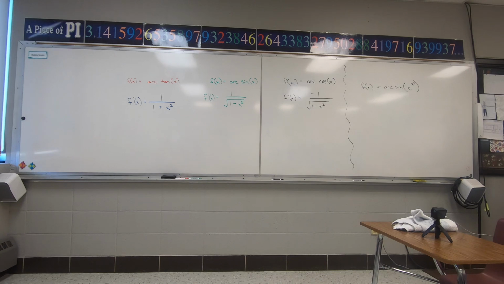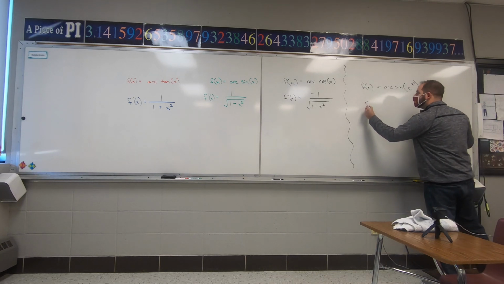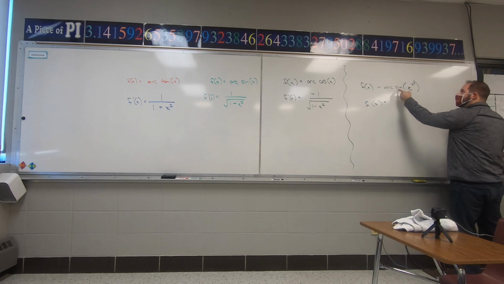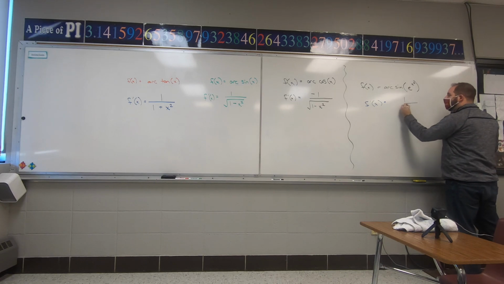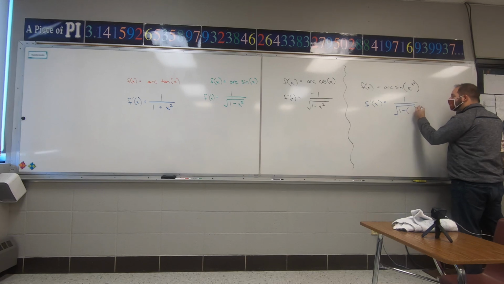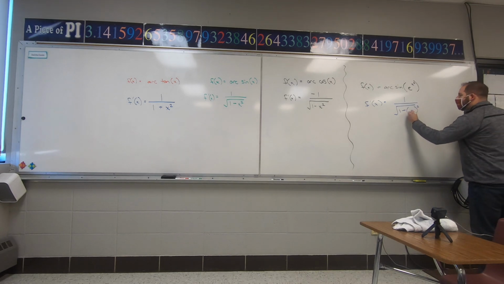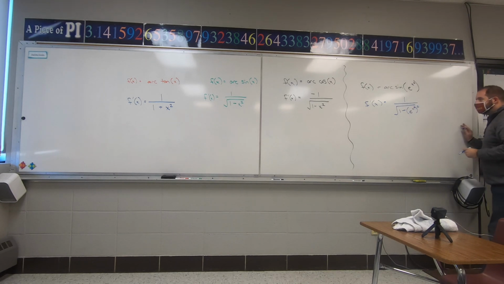Anyway, the derivative of this. First derivative, so we have to follow the normal rules. It's like chain rule, right? The derivative of arc sine is 1 over the square root of 1 minus whatever's in your parenthesis squared. The item in the parenthesis with the arc sine was e to the x squared.